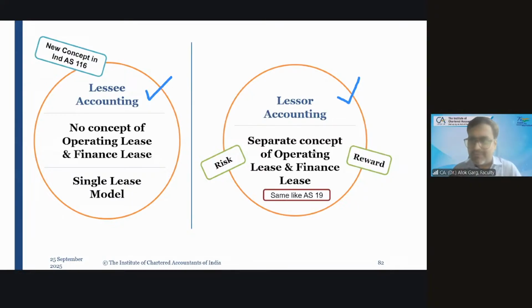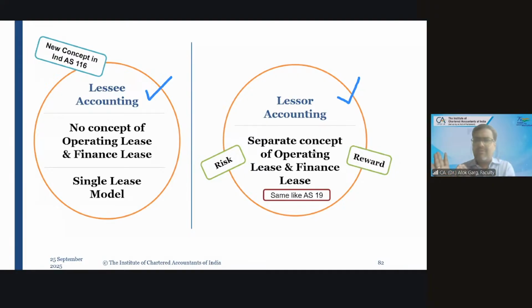There is no major difference in terms of lessor accounting. But if I talk about lessee accounting, it has completely changed. That is why we spent a lot of time on lessee accounting and will spend very little time on lessor accounting. So lessor accounting is largely normal accounting.